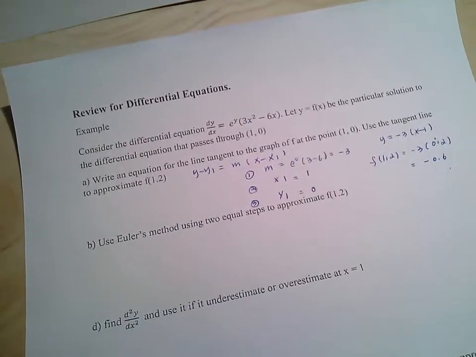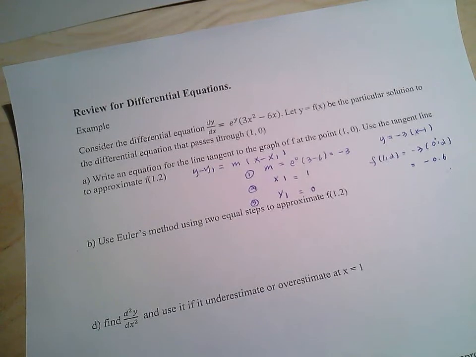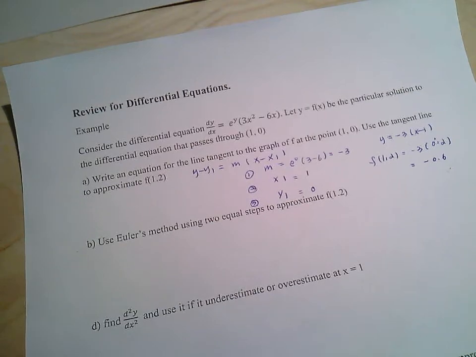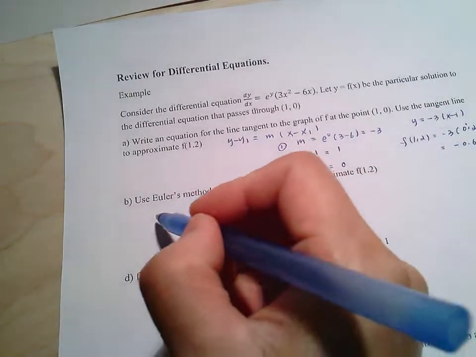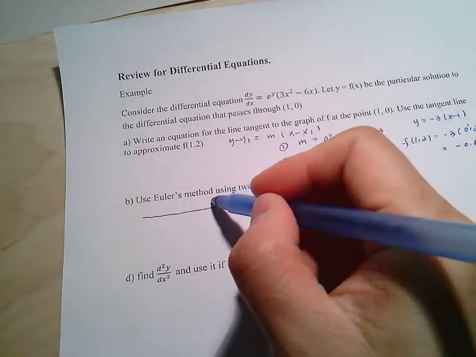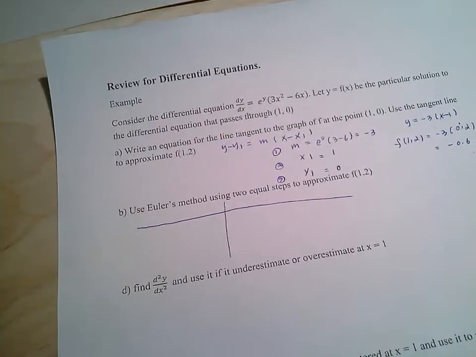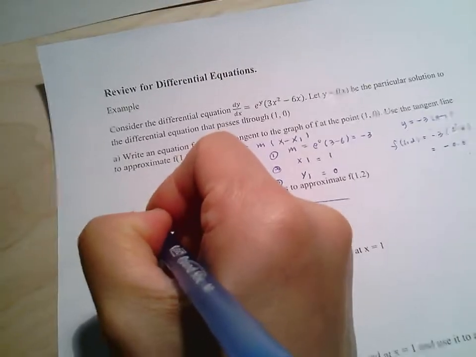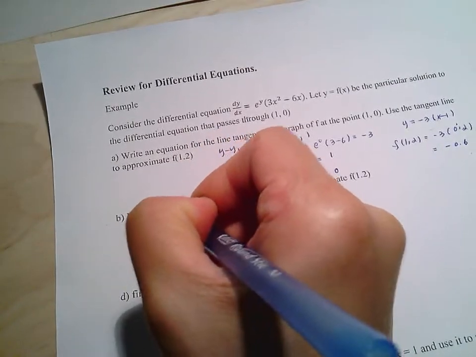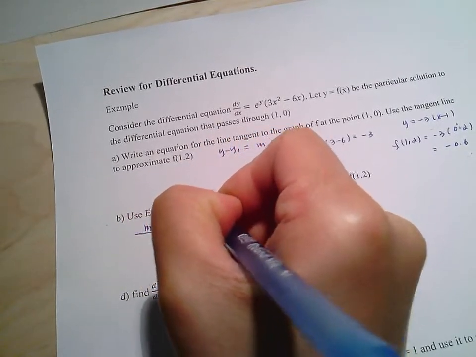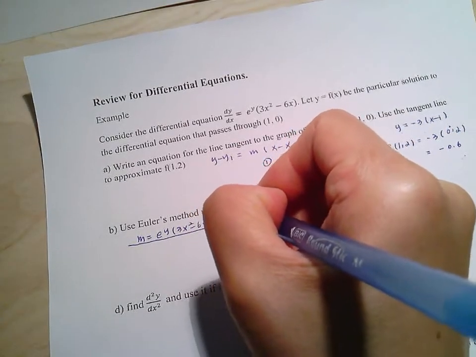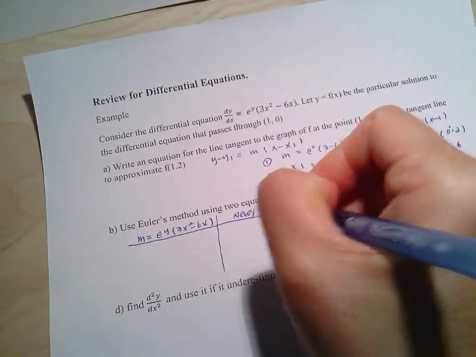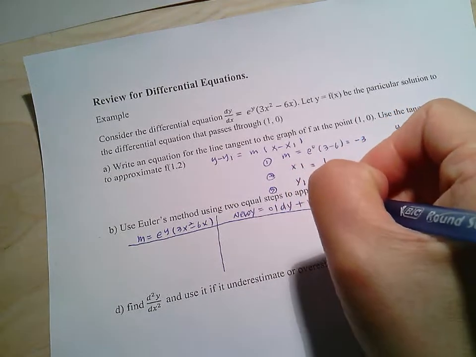Now let's use Euler's method to approximate f of 1.2. Do you remember the formula for Euler's method? You have to draw a chart. Here the slope is e to the y times 3x squared minus 6x, and the new y is the old y plus m times delta x.